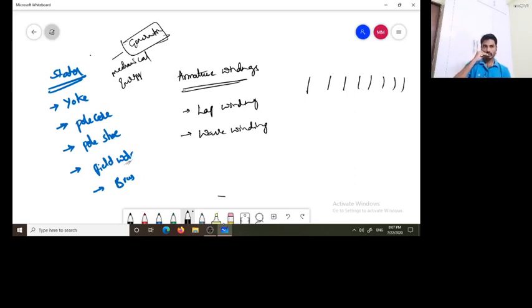Depending upon the calculation, you number them 1, 2, 3, 4, 5, 6, 7, 8 like this. There are front pitch calculations and back pitch calculations. We add the first coil side to the third or fourth coil side depending upon the front pitch calculation.